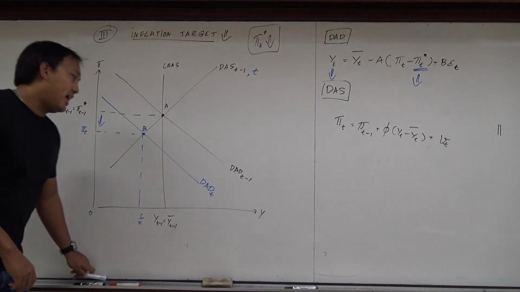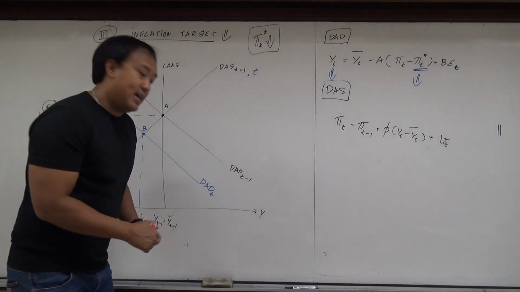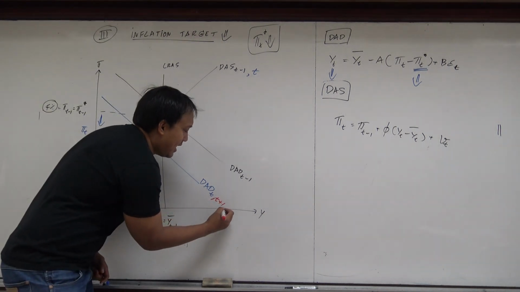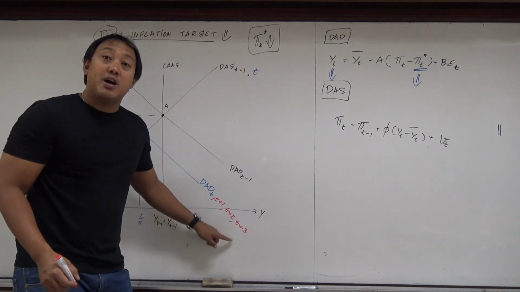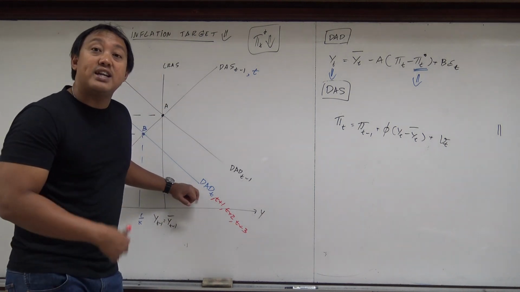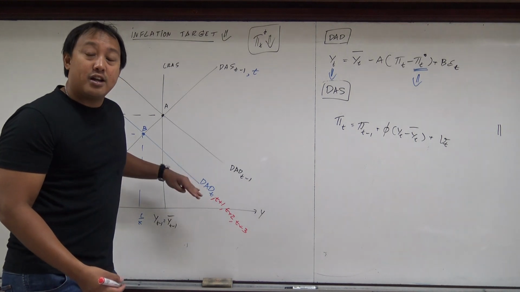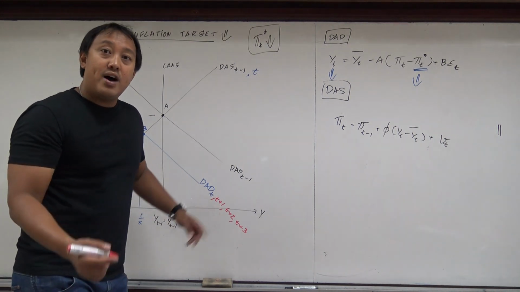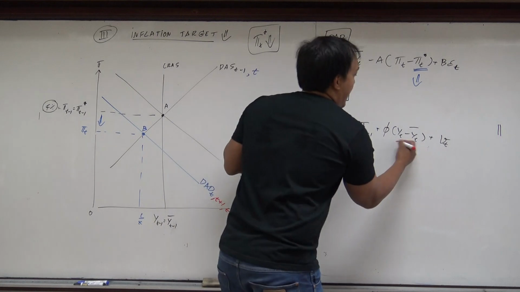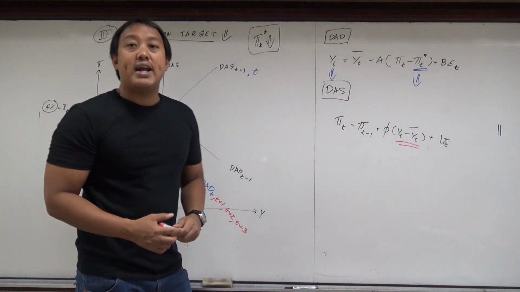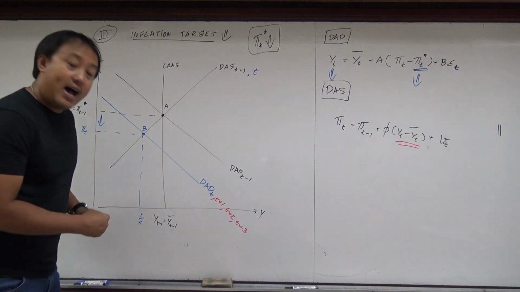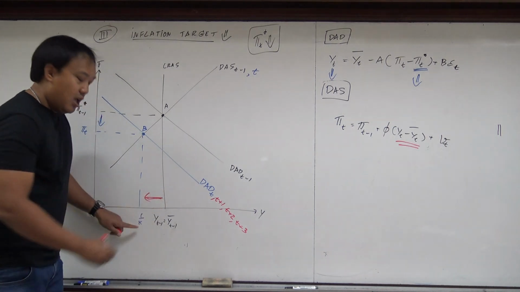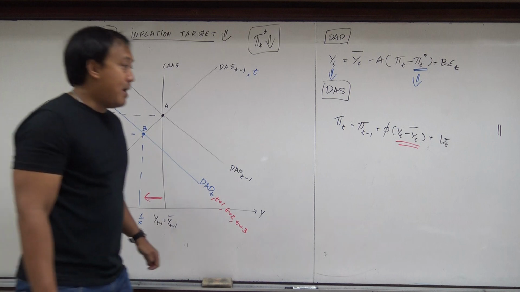Next, the next period is time t plus 1, DAD is still the same, t plus 2, t plus 3, still the same, because this curve is already using the new inflation target, so it's going to be here forever. However, for the DAS, again, come back to this bracket. At point B, the economy slows down, Y t is less than Y bar.